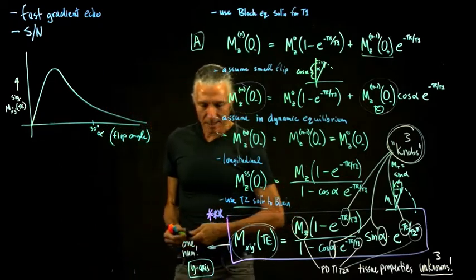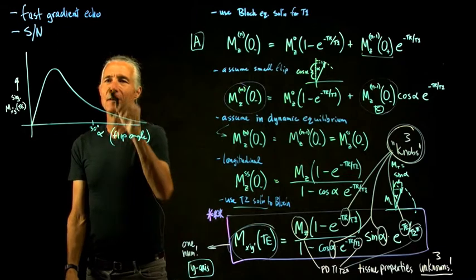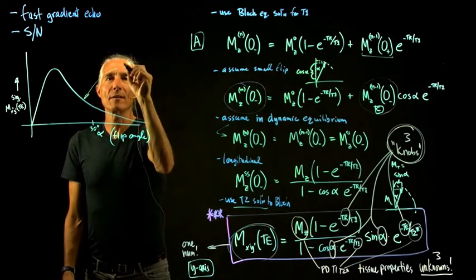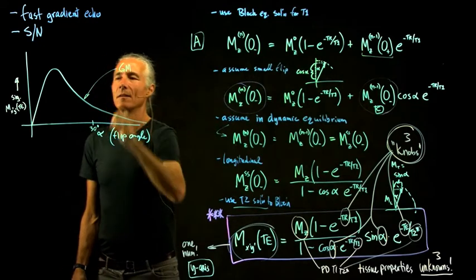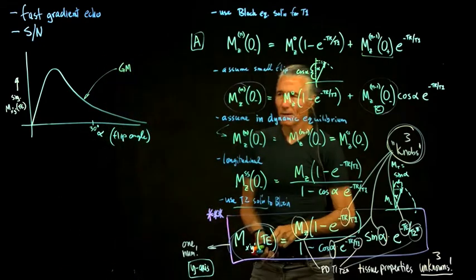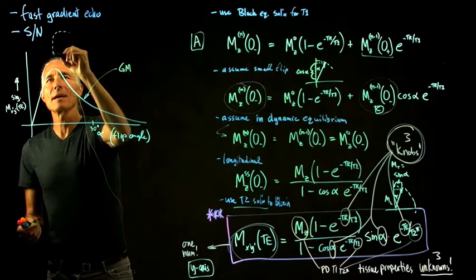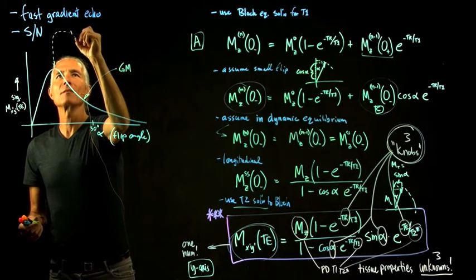So let's just say, for example, that was the gray matter. This thing right here, the maximum, is called the Ernst angle.